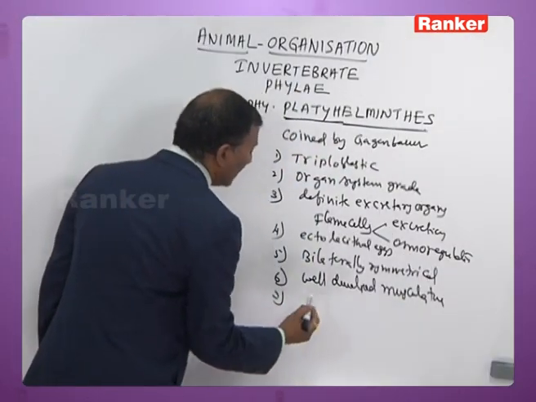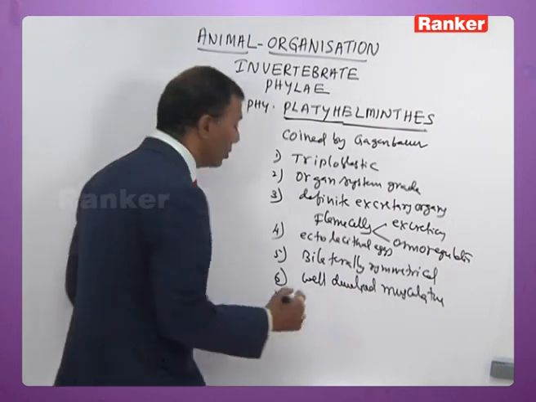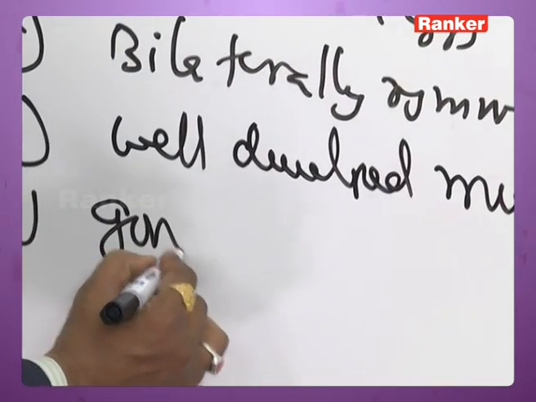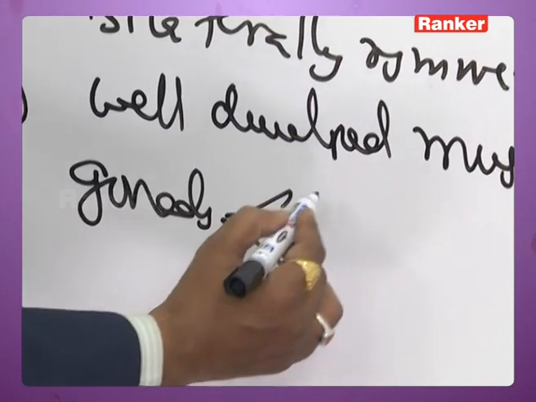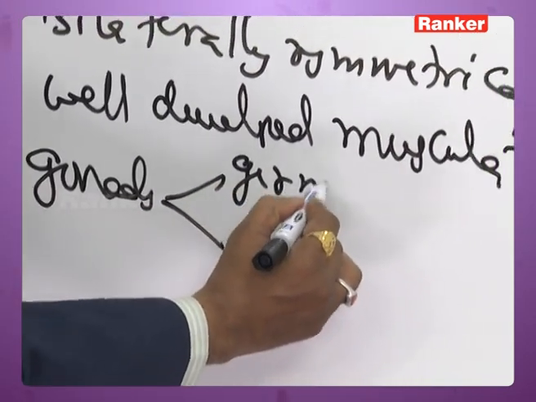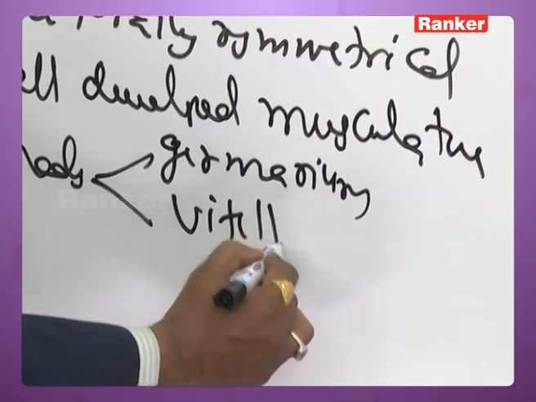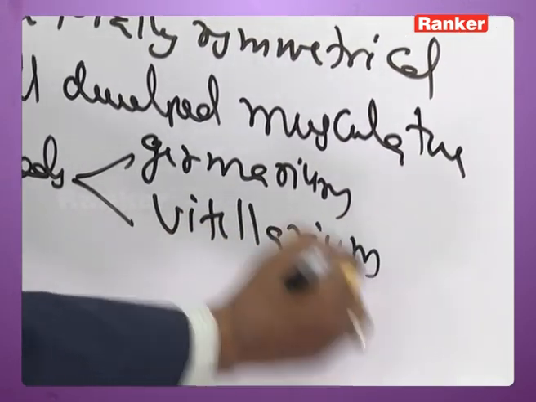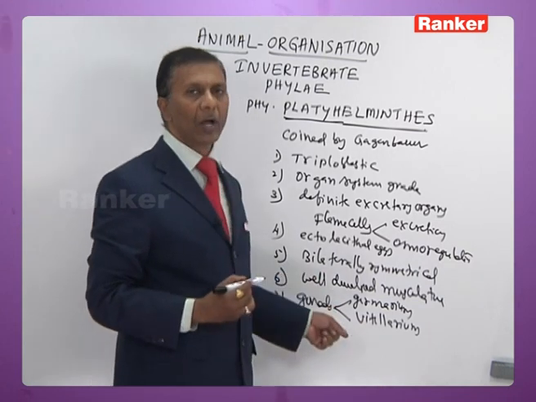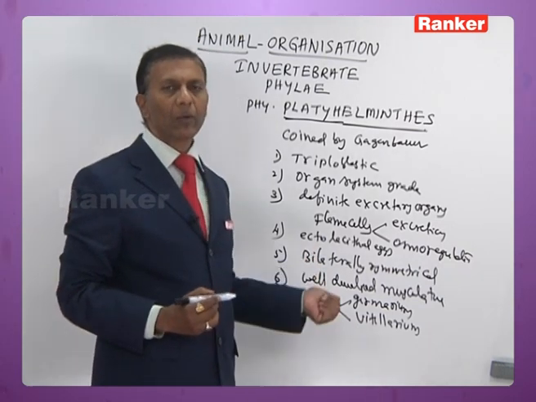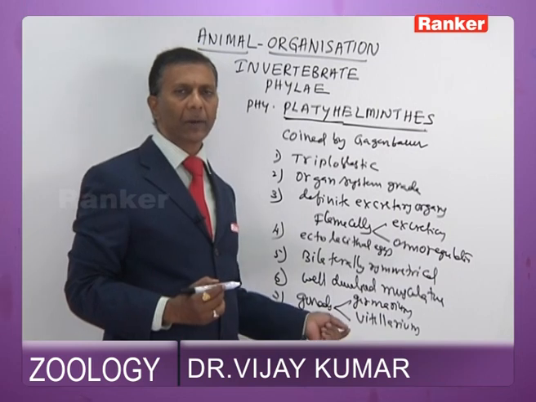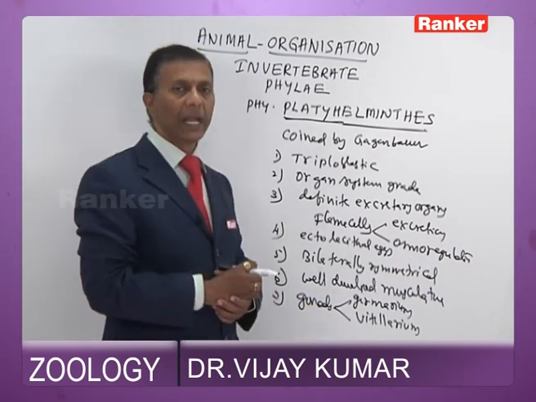Then the gonads are differentiated into germarium and vitellarium. The gonads are collectively called germarium, and the reproductive glands associated with germarium are called vitellarium.